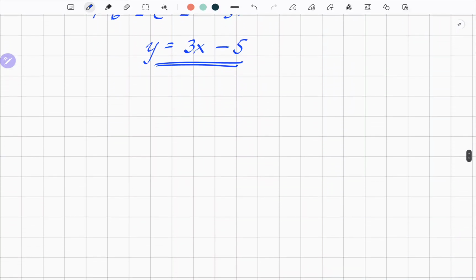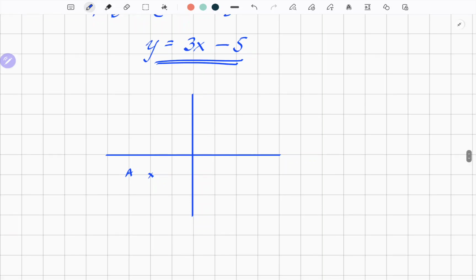And so, again, if you have any 2 points, imagine I've got that one there, and that's A. And I've got B, and I want to find the gradient of the line.